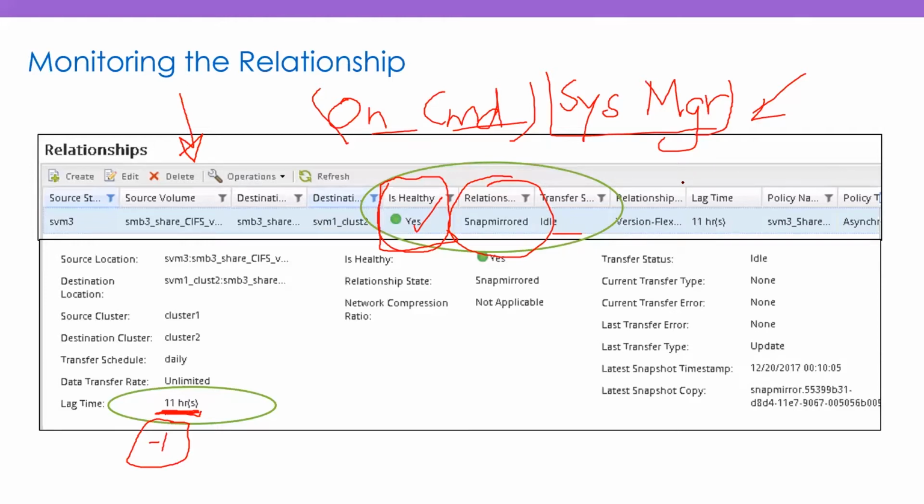The idea behind load sharing mirroring is when you want an identical copy of something replicated to the destination, and it's not going to change. That's what load sharing is. Imagine this is my SVM with volume 1 and volume 2, and I'm planning to go to the destination.